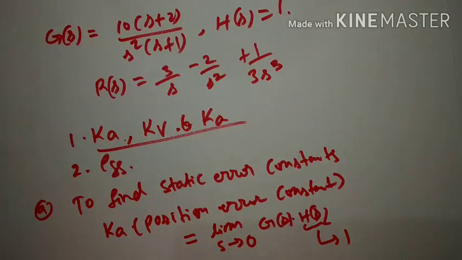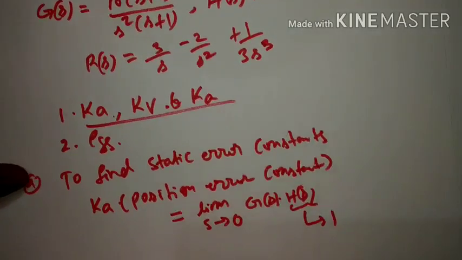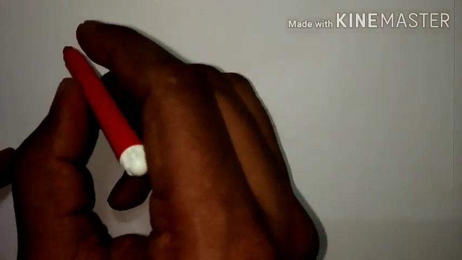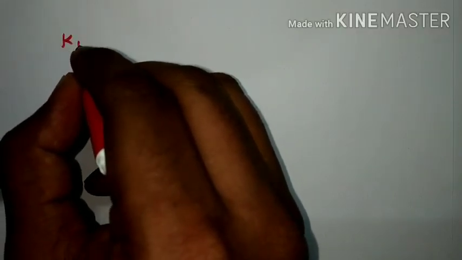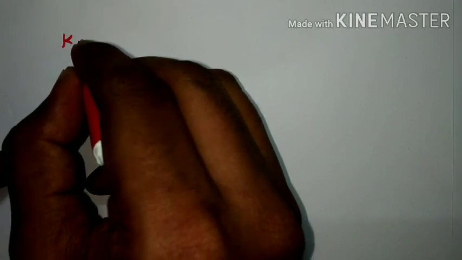G of s is 10 into (s plus 2) by s square (s plus 1). I'm going to take another sheet here for the proportional error constant, Kp.